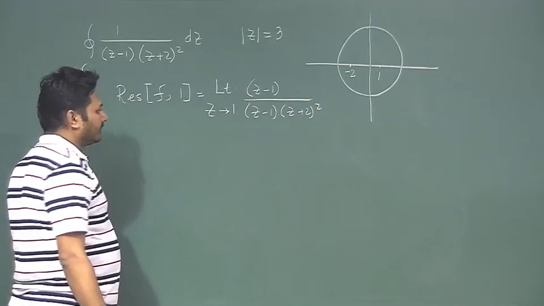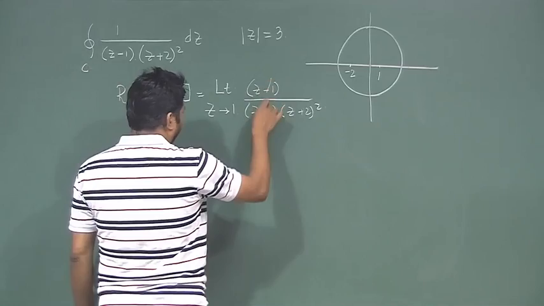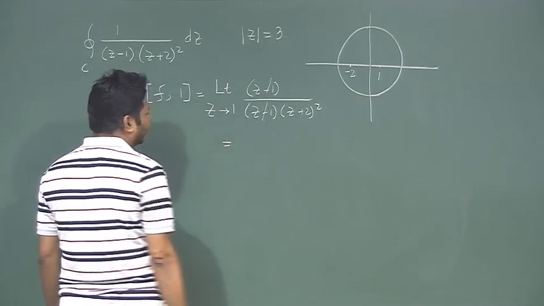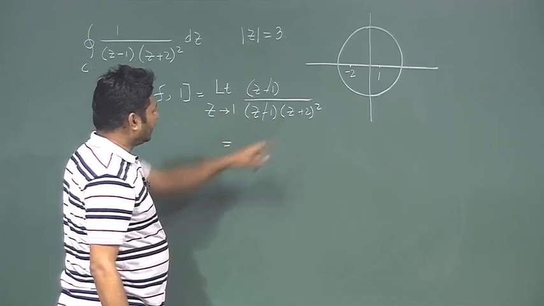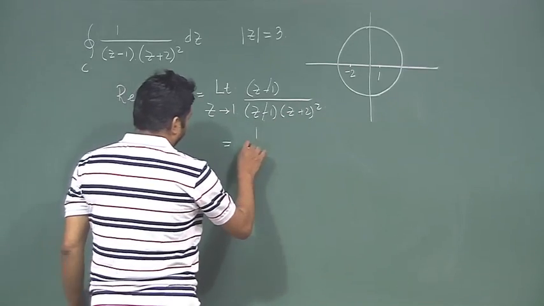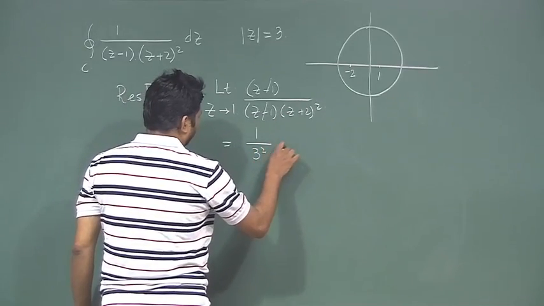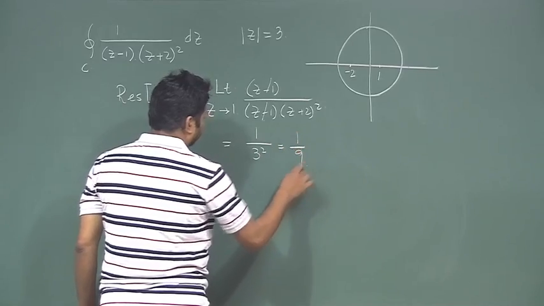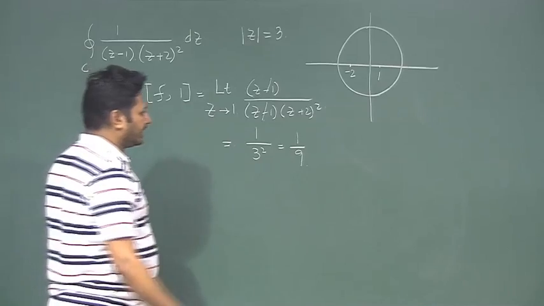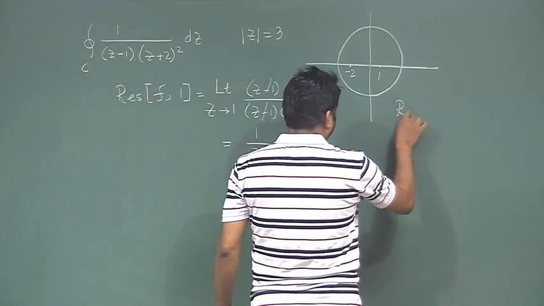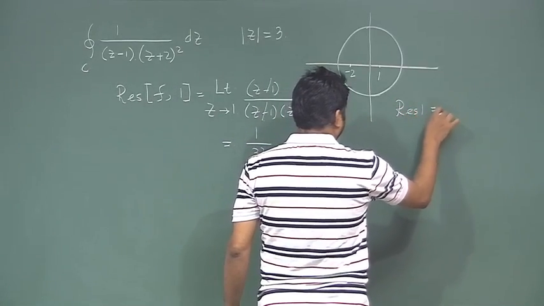The z minus 1 cancels out, and putting z equal to 1, it will be just 1 divided by 3 square, which is 1 divided by 9. So, residue 1 is 1 by 9.